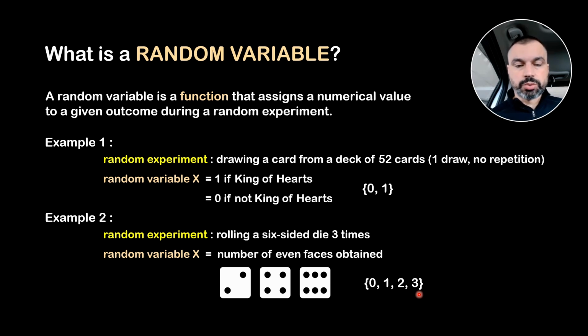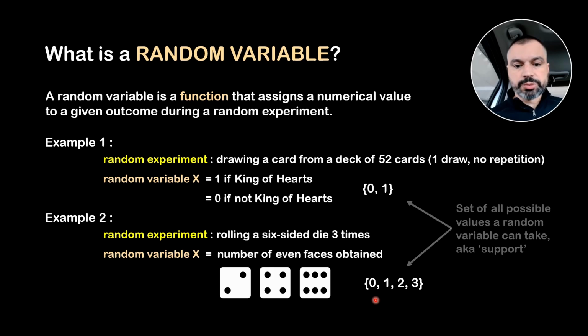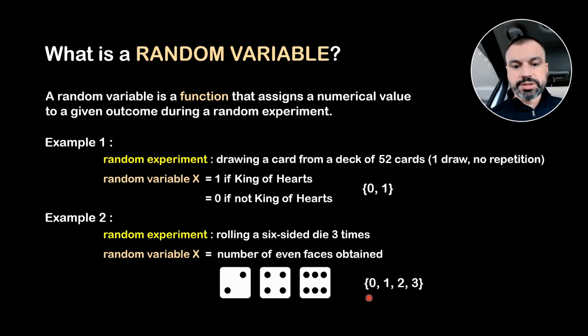So each time we roll the die, we get an even number. And these are the possible values for x. This set of possible values is called support, by the way. So after rolling the die 3 times, x could be 0, 1, 2, or 3.